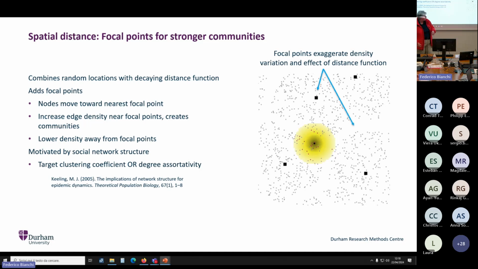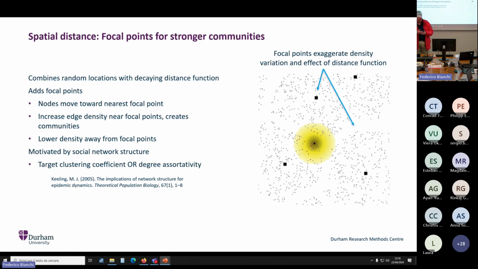You also add in these focal points and push the nodes towards their closest focal point, and that exaggerates the density differences. Combining that with this distance function, you're able to control for more properties. You get higher density close to a focal point, and lower density away from a focal point.